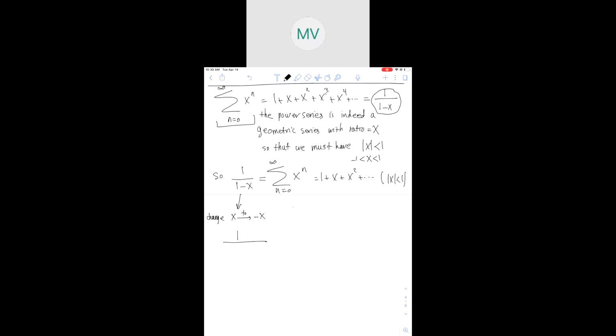We get 1 over 1 plus x. You okay with that? If you replace x with negative x, you're going to have negative x. So that becomes 1 over 1 plus x, equal to the sum of negative x to the n, from 0 to infinity. And you can rewrite this as negative 1 to the n, x to the n.